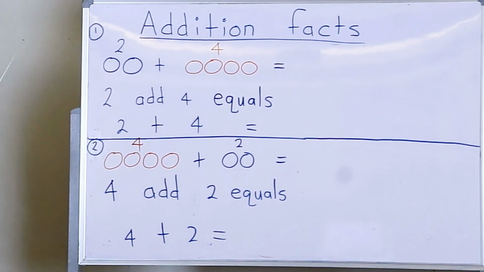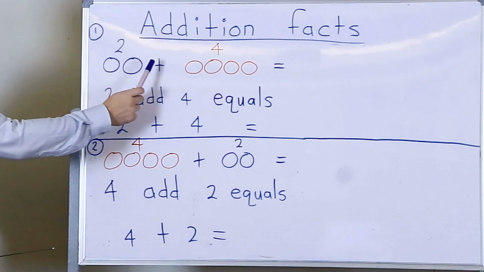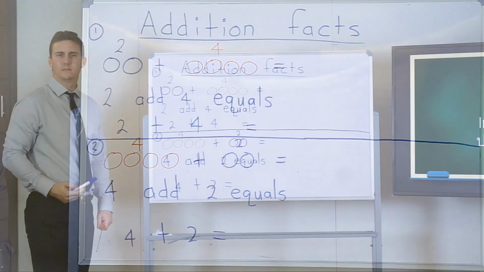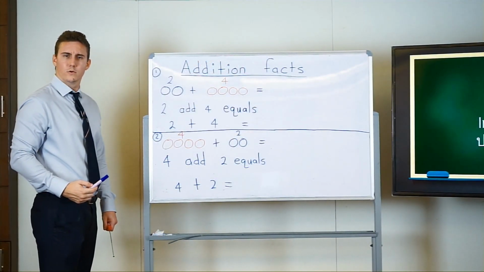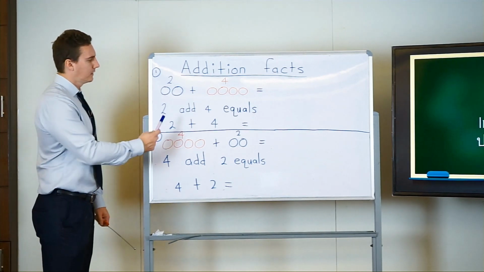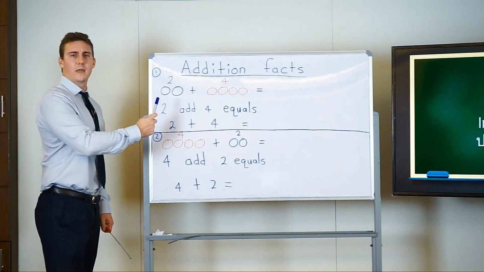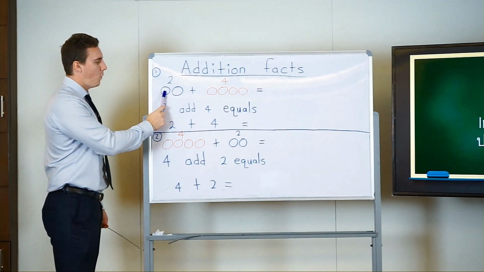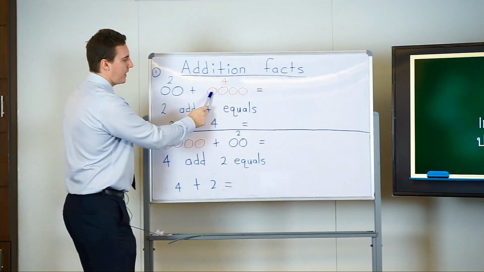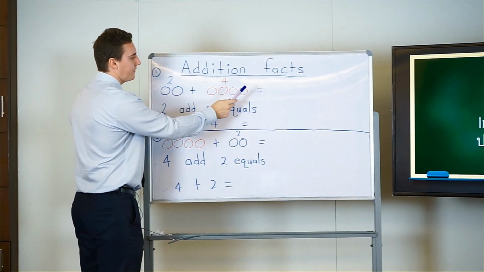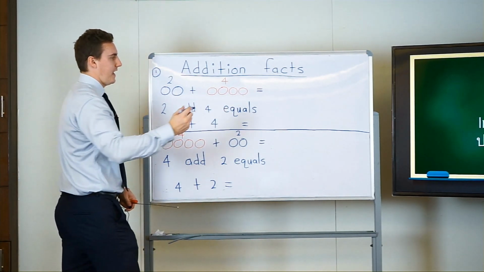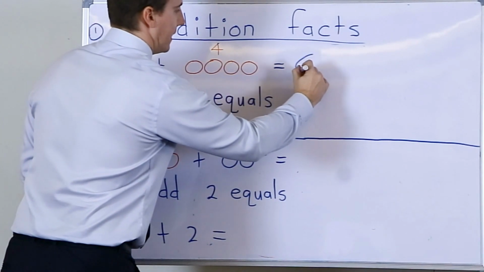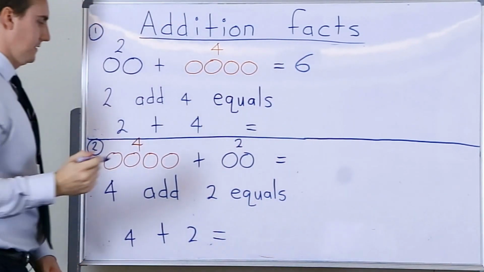And what is the answer to 2 plus 4? What's that? Do you know? Yes. Who can tell me? Yes, please tell me. 6. 6. Thank you. So we have 1, 2, 3, 4, 5, 6. Excellent. And the answer is 6.